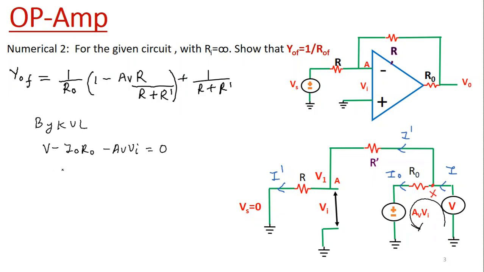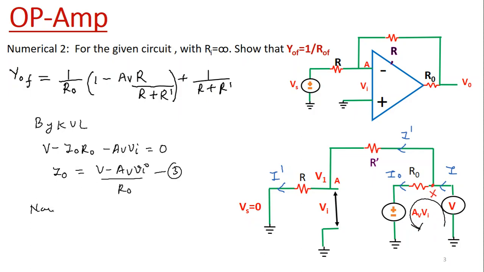From this equation, the current through the resistance RO, IO, is equal to V minus AV VI divided by RO. This is the equation we are getting. Let this be equation number 3.